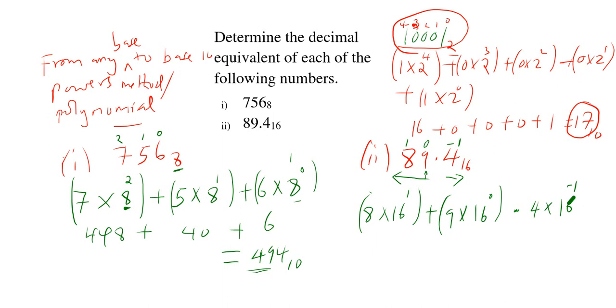Now in this case, we do our calculations. 8 times 16 power 1, we get 128. 16 power 0 is 1, so we have plus 9 here. Then we have point. In order to remove this negative power, we write 4 times, you take the reciprocal. So it will be 1 over 16.